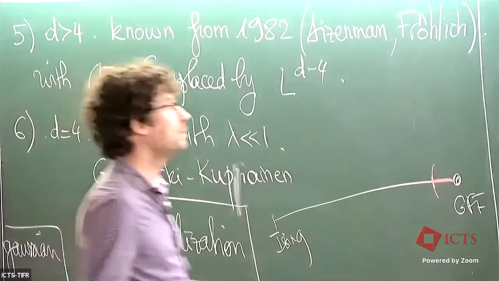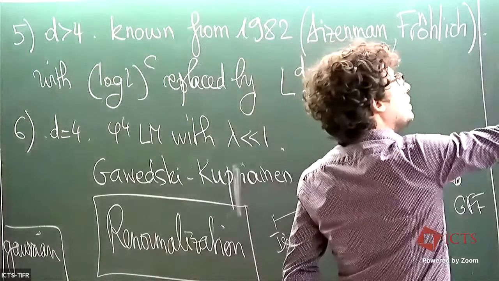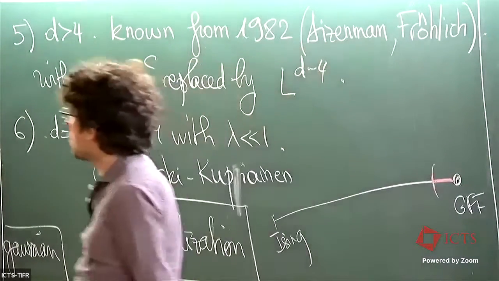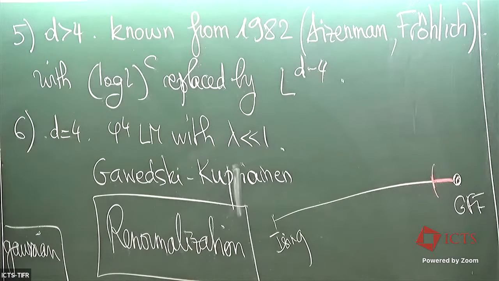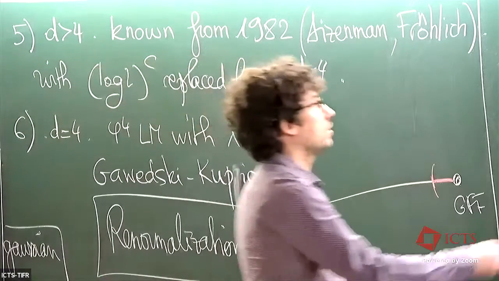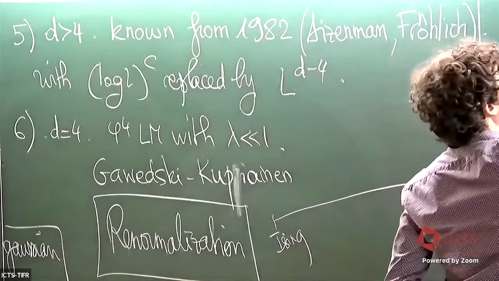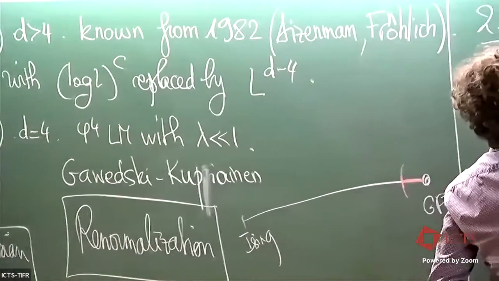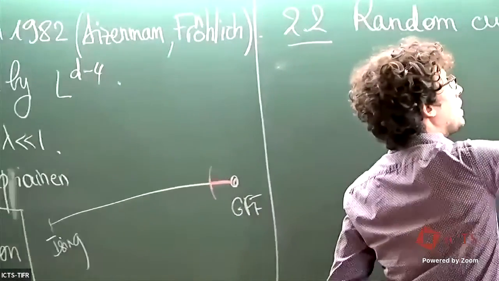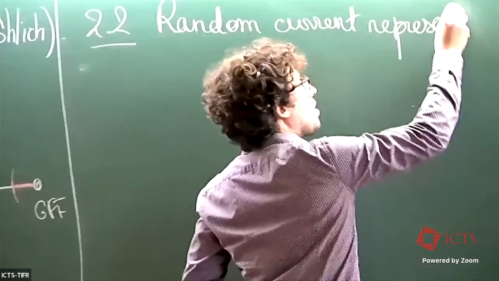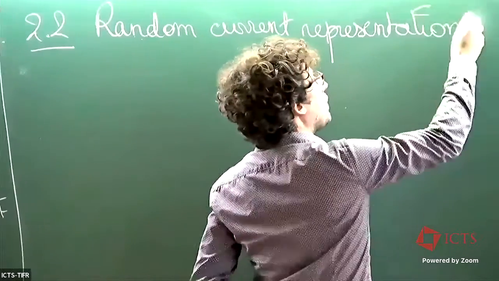So now, let me give you a crash course on the technique that we are going to use, which is called the random current representation. I'm going to take a little bit of time for two reasons.